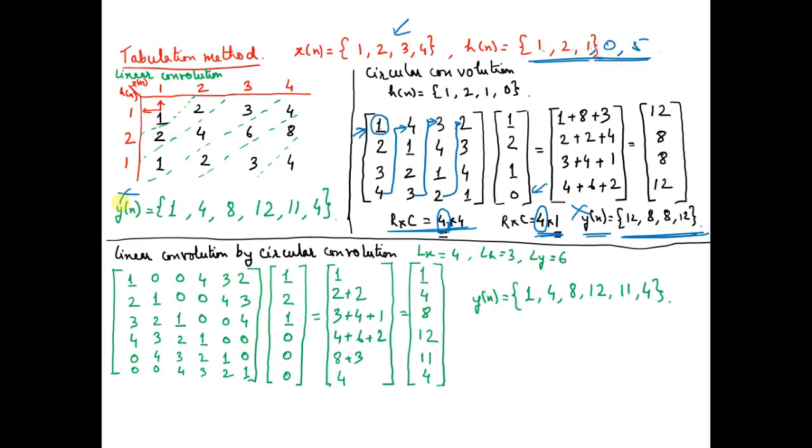What we discussed is that this output needs to be found out by the linear convolution method, because we discussed that our systems are LTI systems. Here we are implementing circular convolution. So this method, circular convolution, is not appropriate for determining the output of the LTI system.